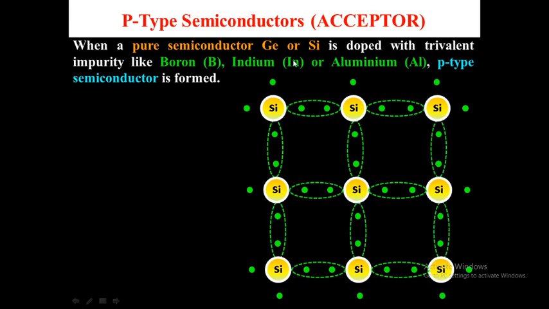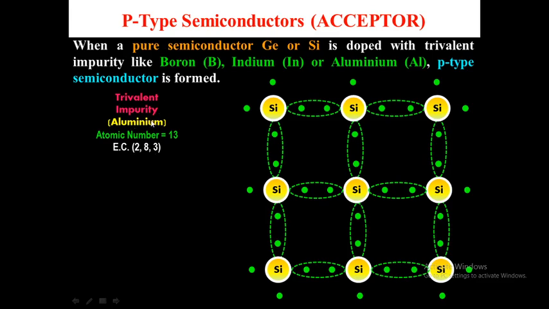Suppose this pure semiconducting crystal of silicon is doped with a trivalent impurity element. We are considering here the trivalent impurity element aluminium, whose atomic number is 13 and electronic configuration is 2, 8, 3. Since there are 3 electrons present in its outermost shell, it is called a trivalent impurity element. Why is it called an impurity element?